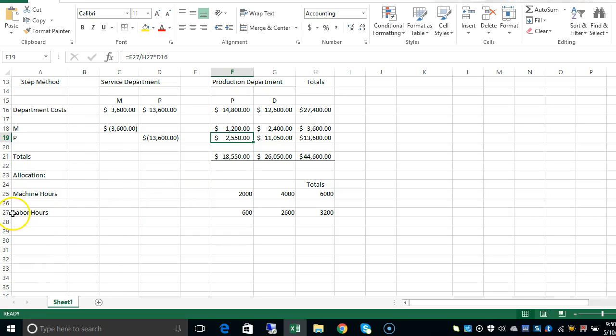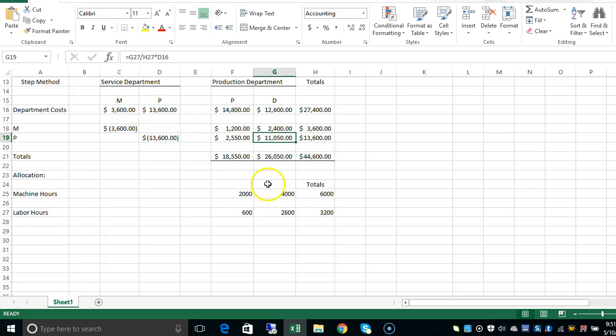On the labor side, production department P used 600 labor hours. Production department D used 2,600 labor hours for a total of 3,200. So to allocate the 13,600, I simply took labor hours for that department divided by total to get the percent allocation times the 13,600.